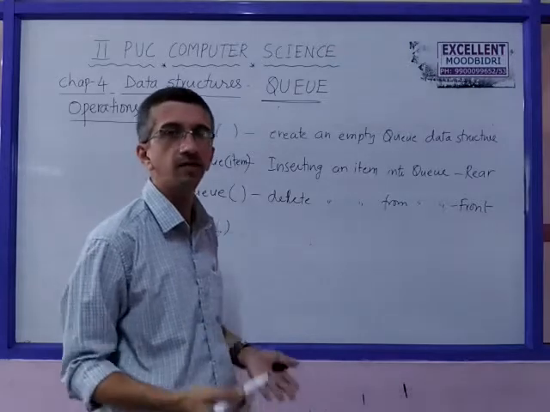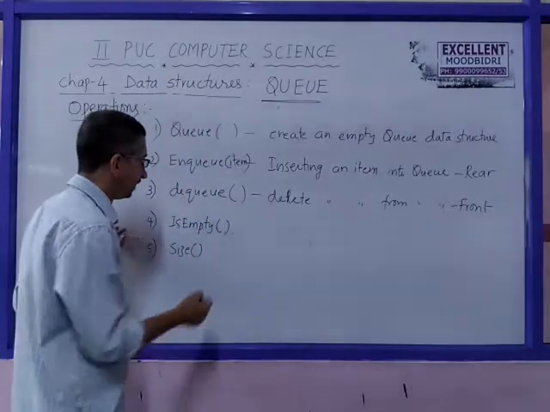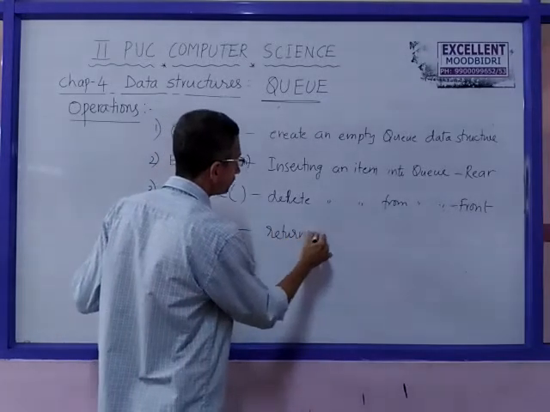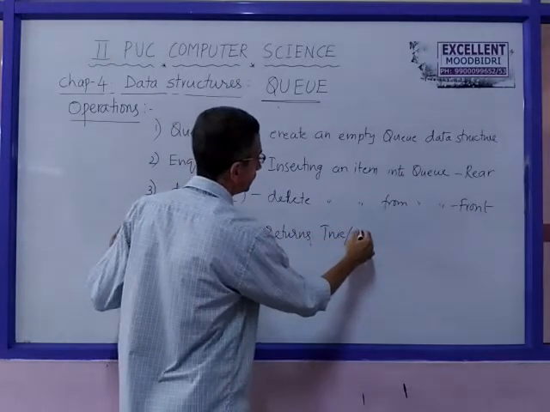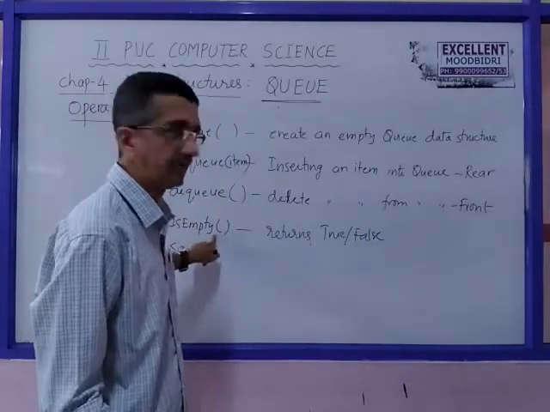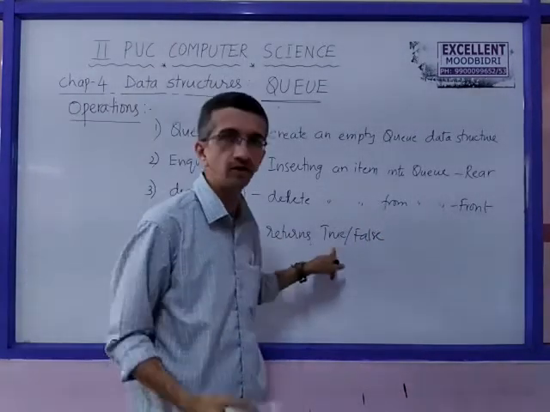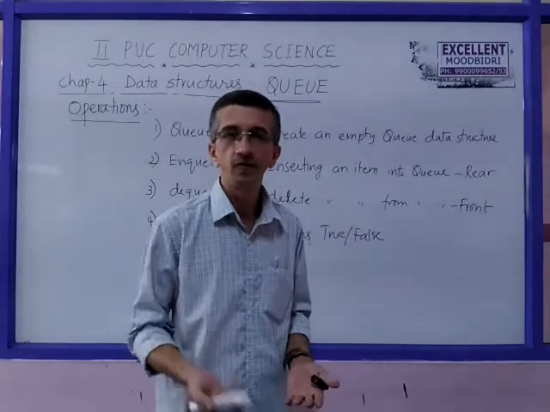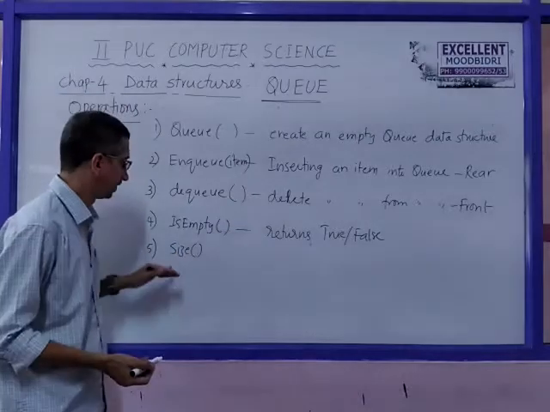The number of items gets reduced by 1 when you delete. isEmpty is to check and returns true or false, a boolean value depending on whether the queue is empty. It returns true if the queue is empty; if at least one item is present, it returns false. It is just to check.